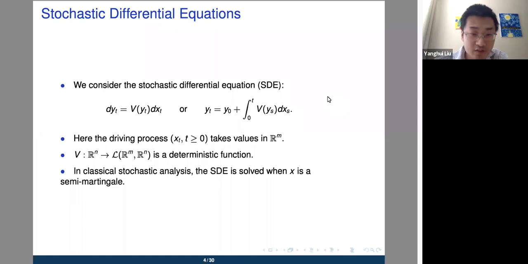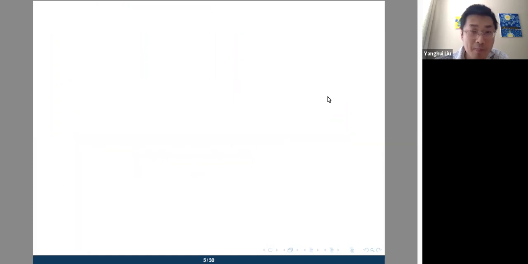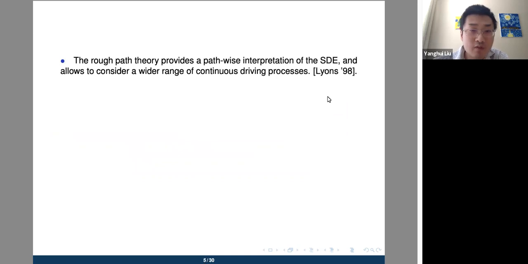In classical stochastic analysis, the SDE is solved when x is a semimartingale. The rough path theory provides a pathwise interpretation of the SDE and allows us to consider a wider range of continuous driving processes.